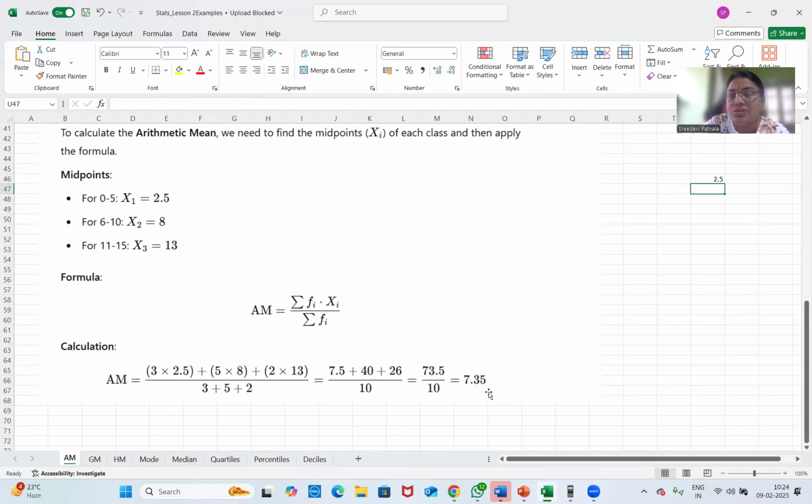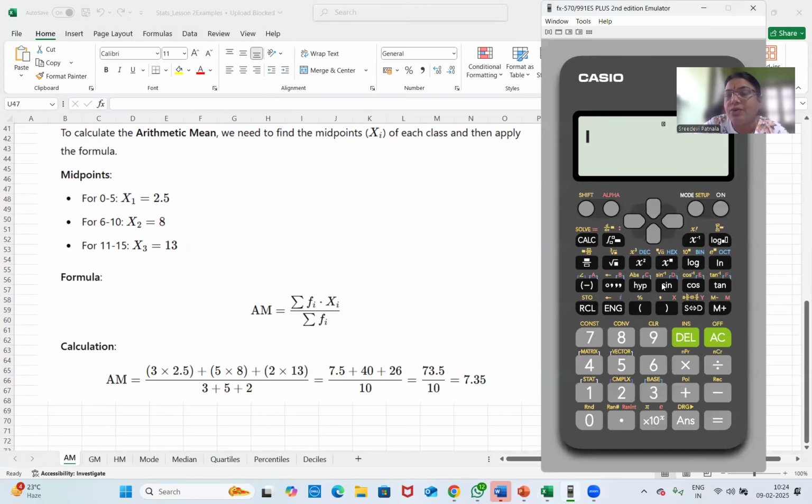You can always use your calculator; a normal calculator is fine. I will also explain a few examples using the Casio FX series calculator, which I have downloaded as an emulator, and I can show you this in future problems.